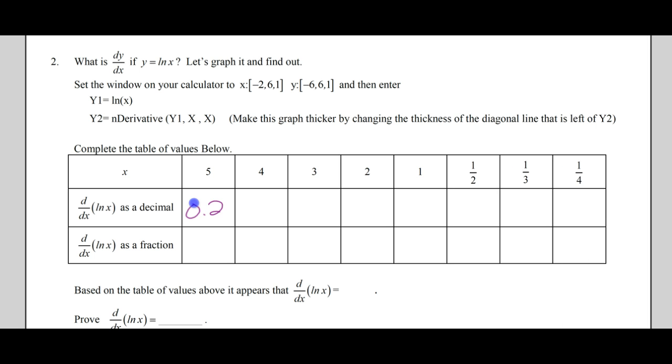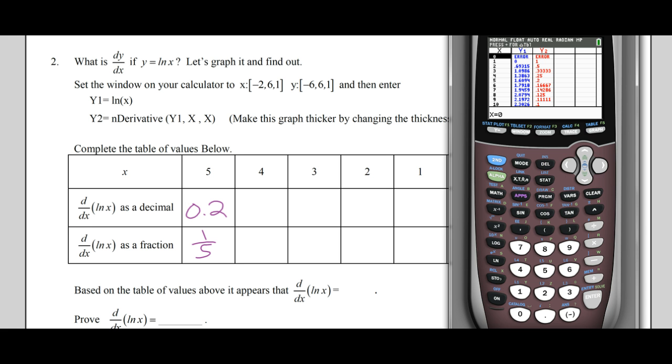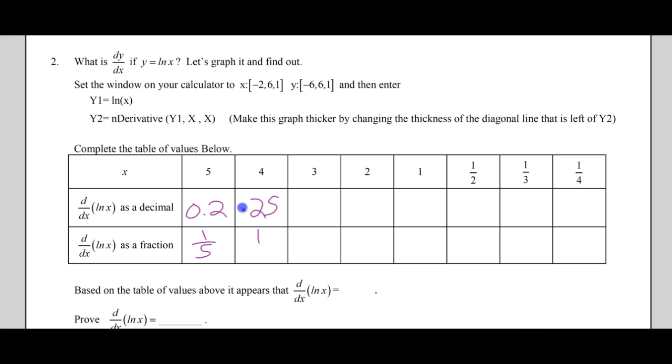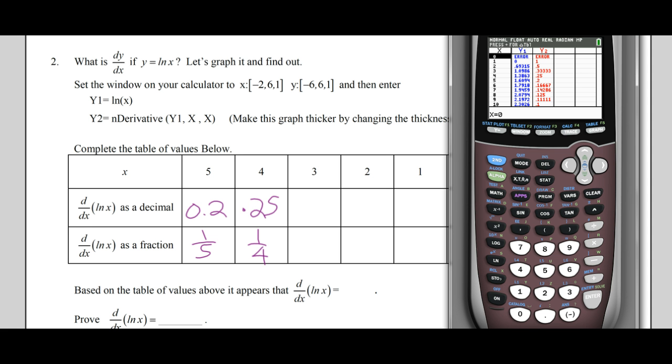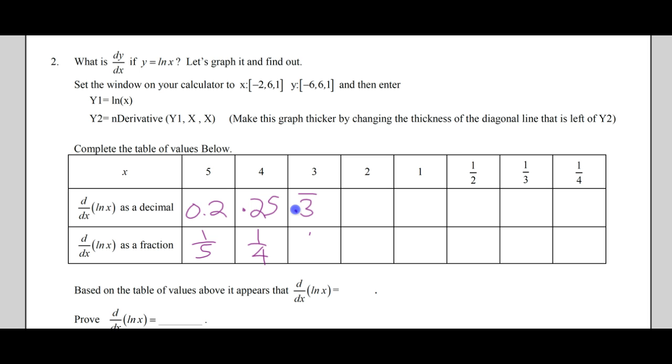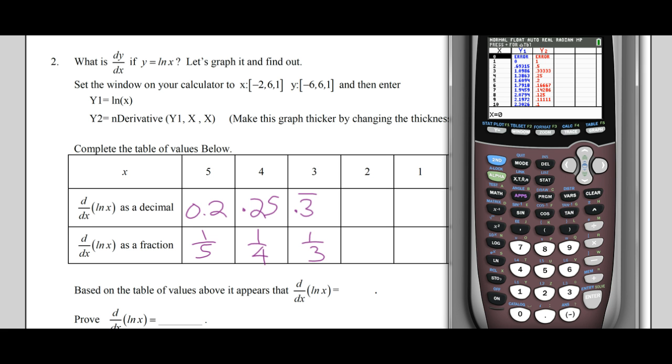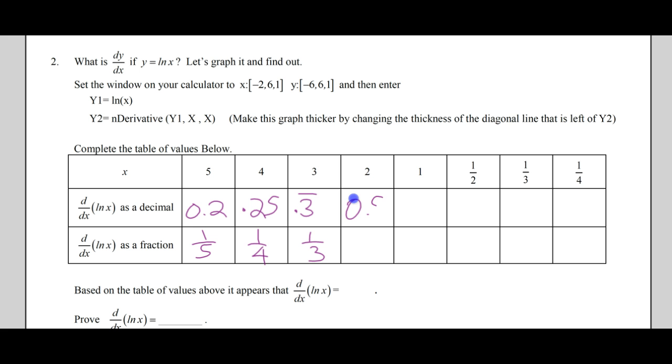What's 0.2 as a fraction? 1 over 5. When x is 4, we've got 0.25. What's 0.25 as a fraction? 1 over 4. When x is 3, we've got 0.3 repeating. What's 0.3 repeating as a fraction? When x is 2, we've got 0.5. What's 0.5 as a fraction?